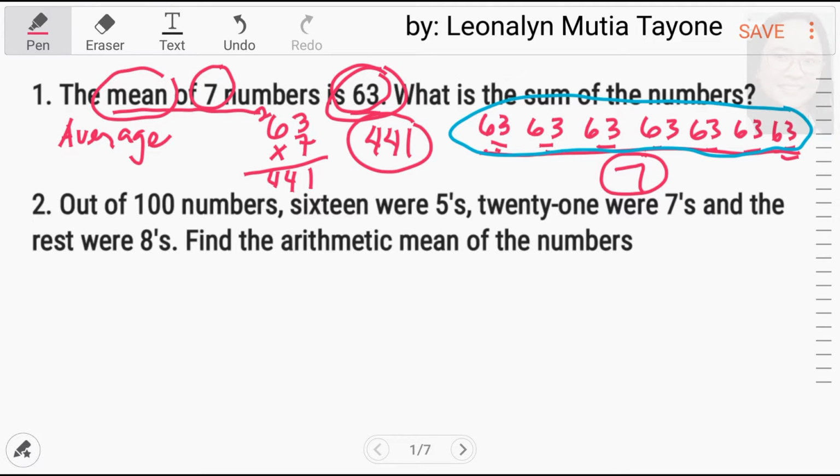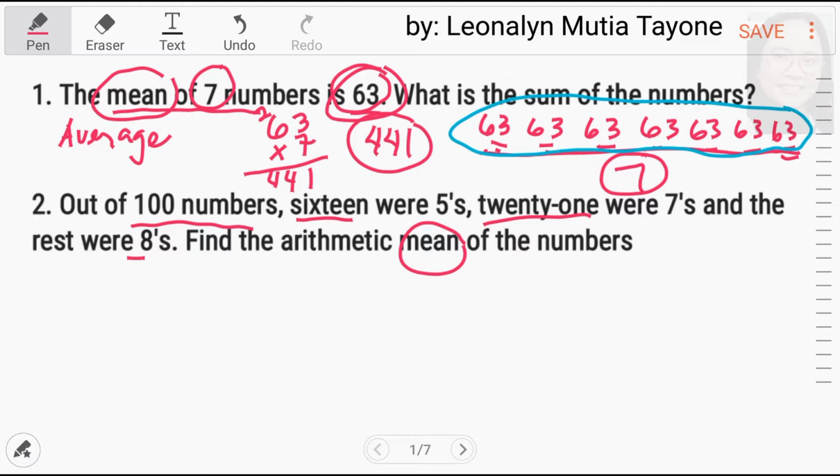Number 2. Out of 100 numbers, 16 were 5s, 21 were 7s, and the rest were 8. Find the arithmetic mean of these numbers.